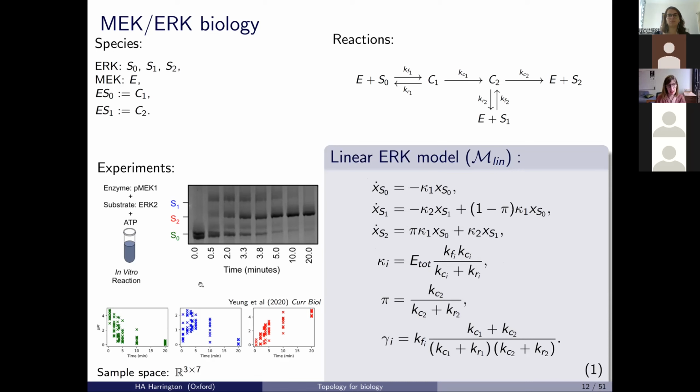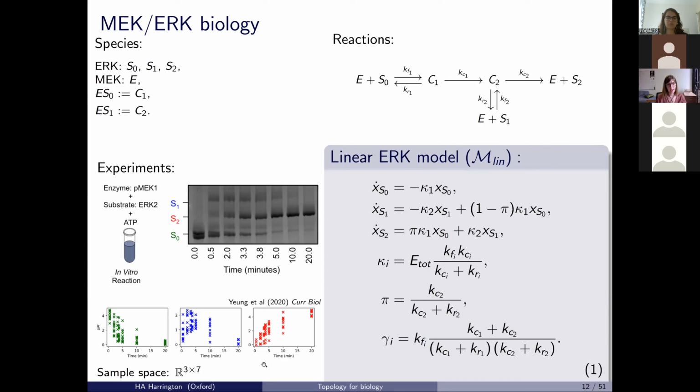The experiment that they performed is very simple, well, simple to explain. They have their enzyme, which is activated MEK, and they have a substrate, ERK, they add energy, and then they look at the unmodified, singly modified, and doubly modified species over time.